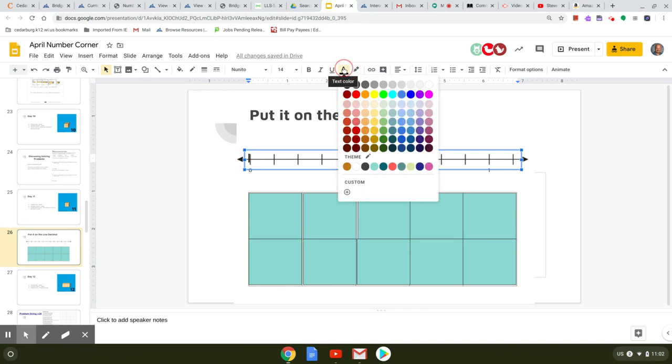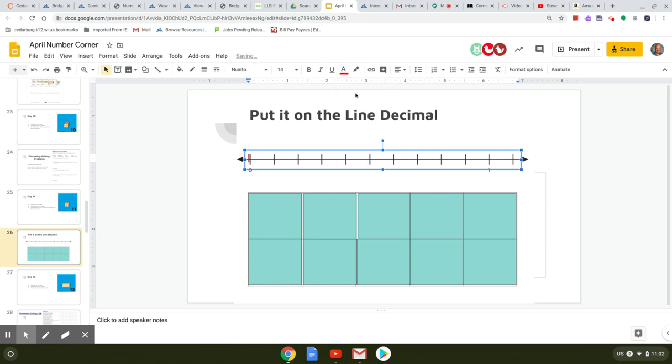So what I'll do is I'm going to change my text color to red because that's a fantastic color. And we need to label that. I'm also going to bold this so that we can see what is what. So this first line would be 0.01. Oops. Let's go ahead and move that back.